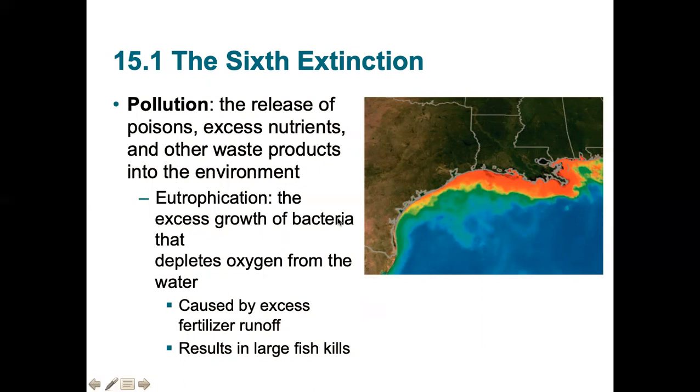Yeah, excess growth of bacteria, excess growth of algae. There's usually a limiting nutrient that prevents the overgrowth of a particular population. And with algae, it's often phosphorus. Remember CHNOPS for organic molecules.